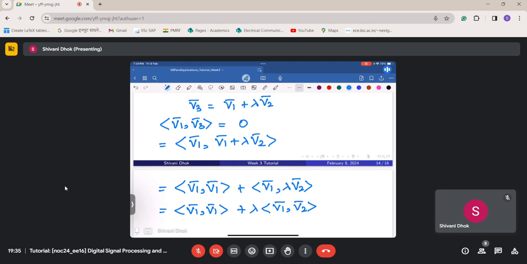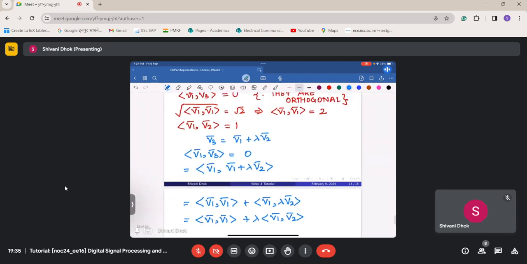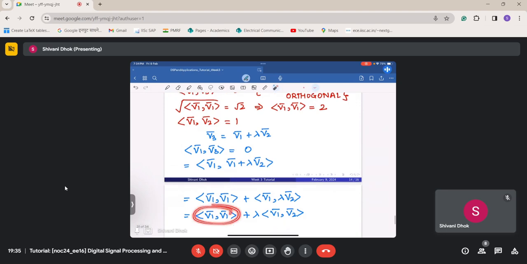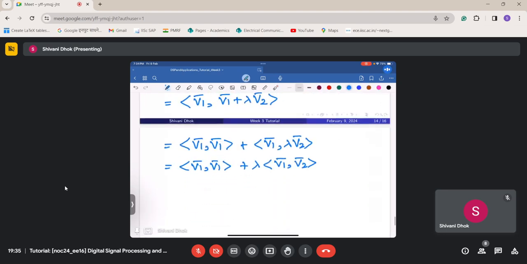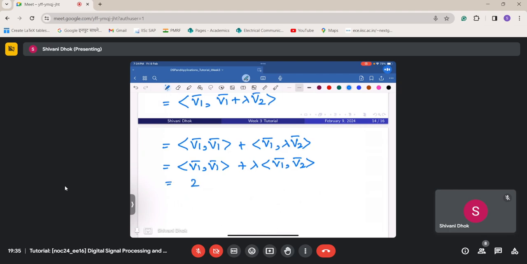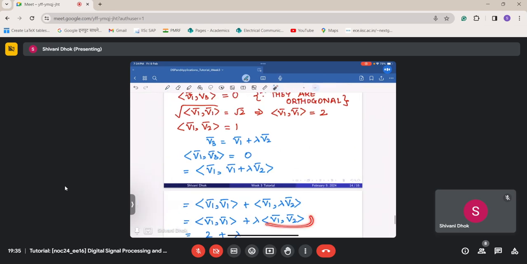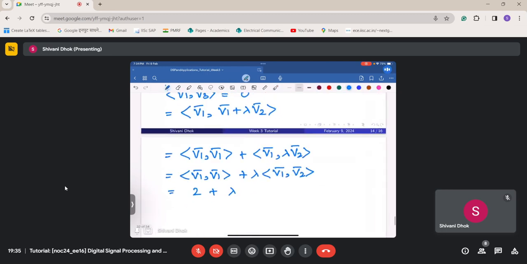So now what do we know? This quantity here, the inner product of V1 with itself, is equal to 2, so I can substitute it here. So this is equal to 2 plus lambda times this inner product, which is equal to this quantity here, simply 1.